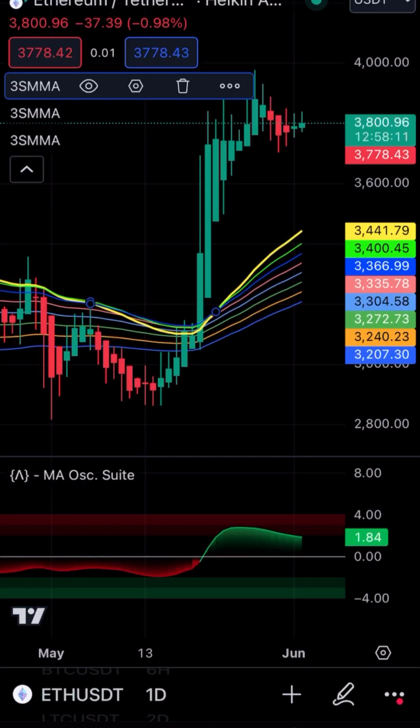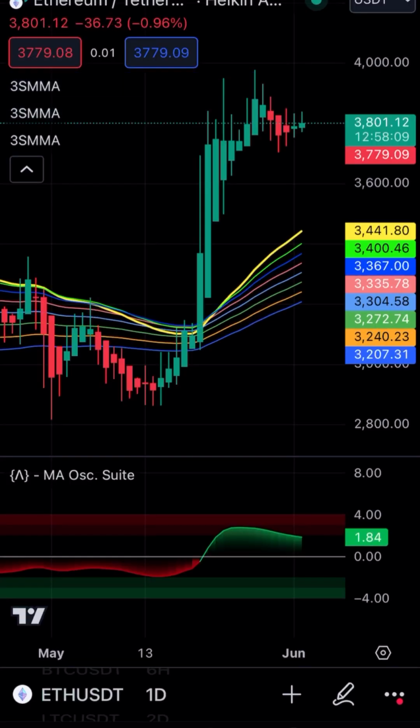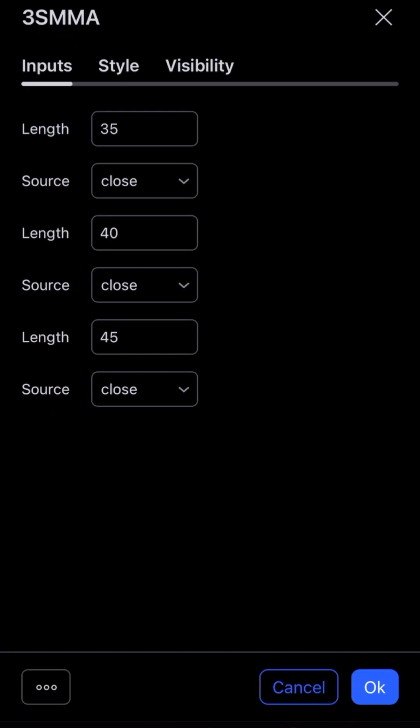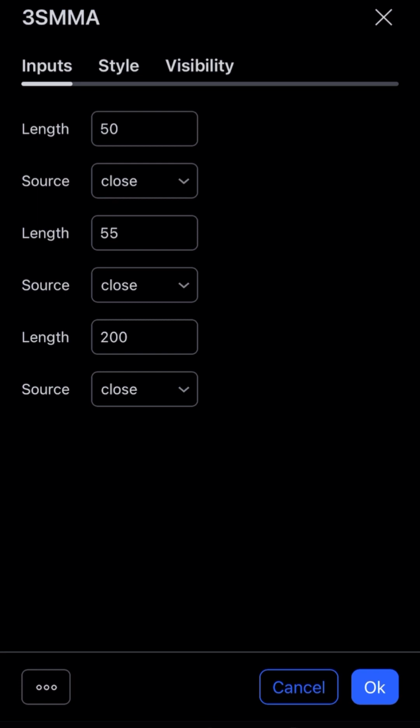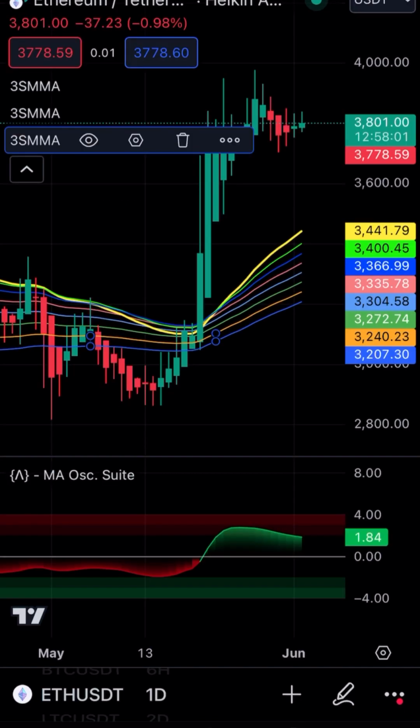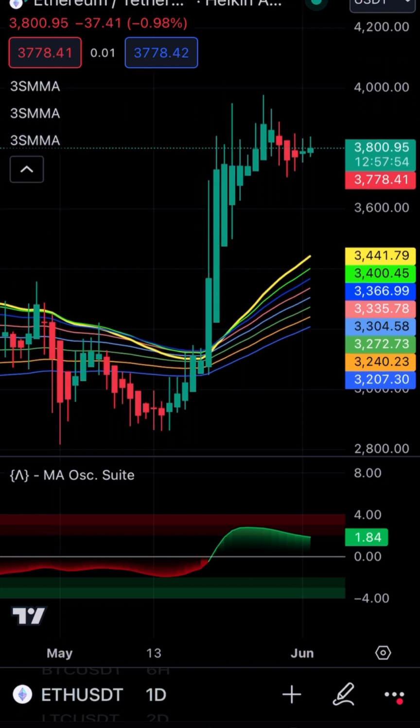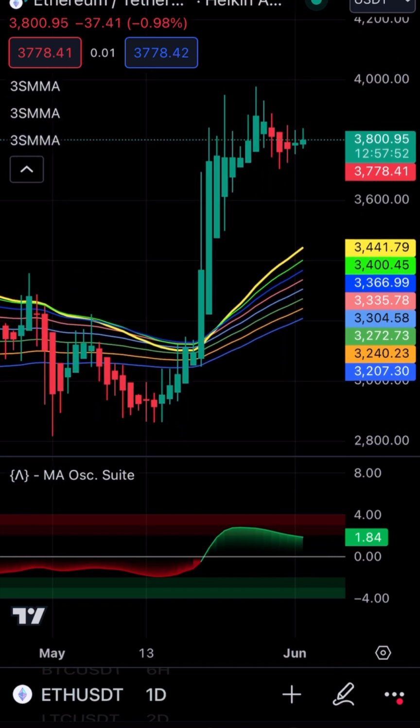And real quickly, it's 20, 25, 30, 35, 40, 45, 50, 55 for the last one being checked off. And then you have your regularized moving average suite that's all found in your indicators. That's how you set it up.